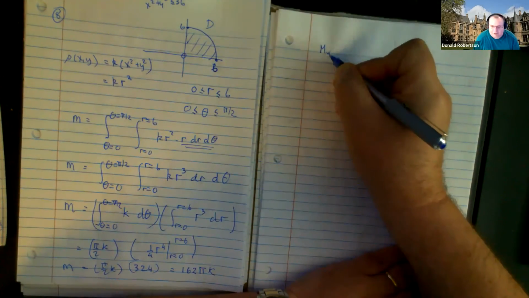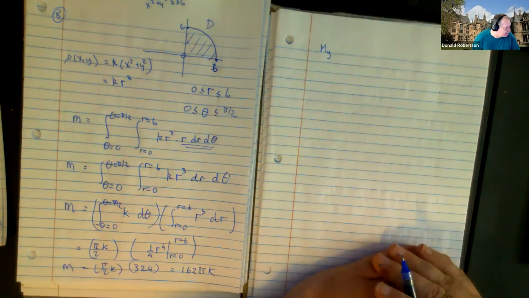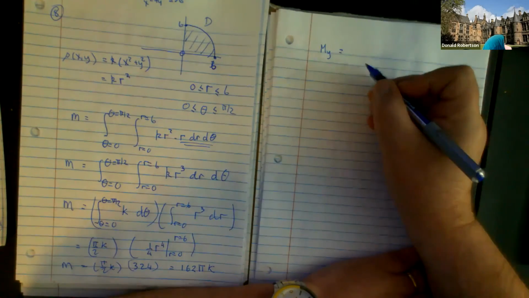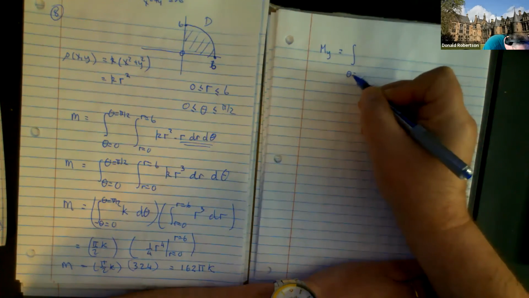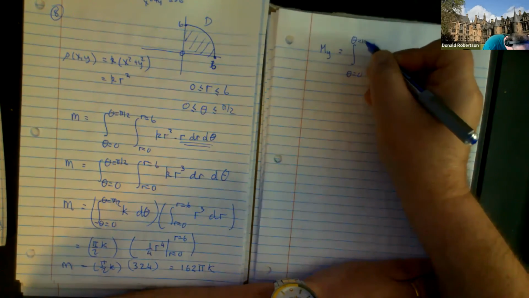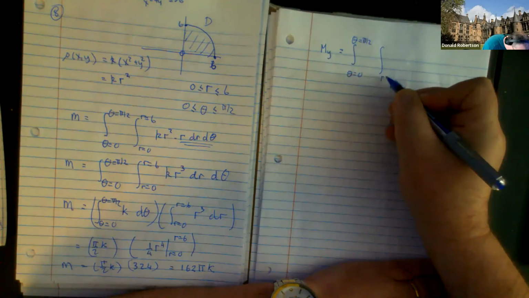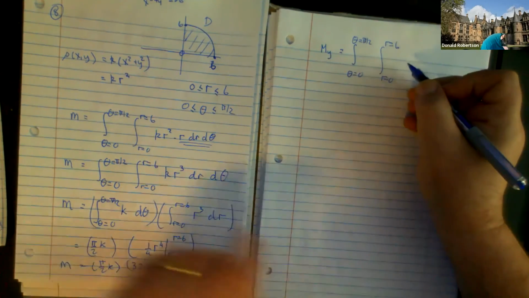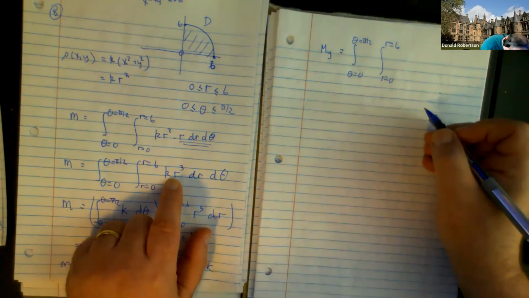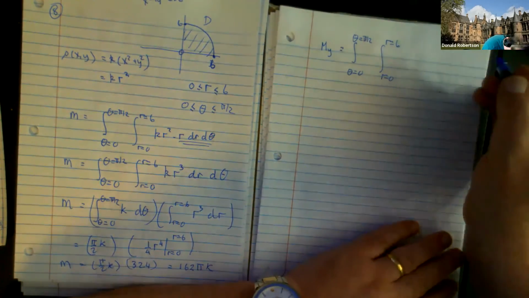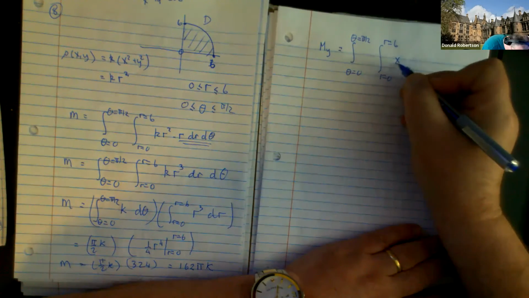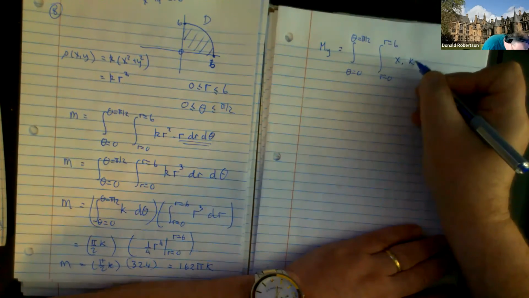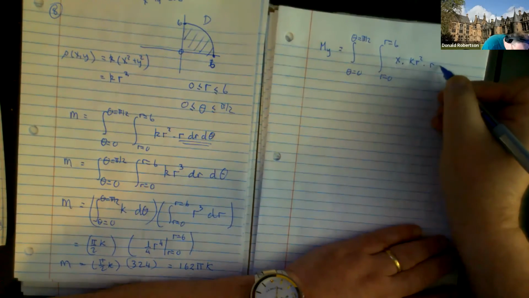Oh, by the way, it's symmetric, so I only need to do it once and duplicate. So this guy is going to be the integral from theta equals 0 to theta equals pi upon 2, from r equals 0 to r equals 6. We already know the density function and the r value, but let's pretend we didn't. It's going to be x times k r squared times r dr d theta.